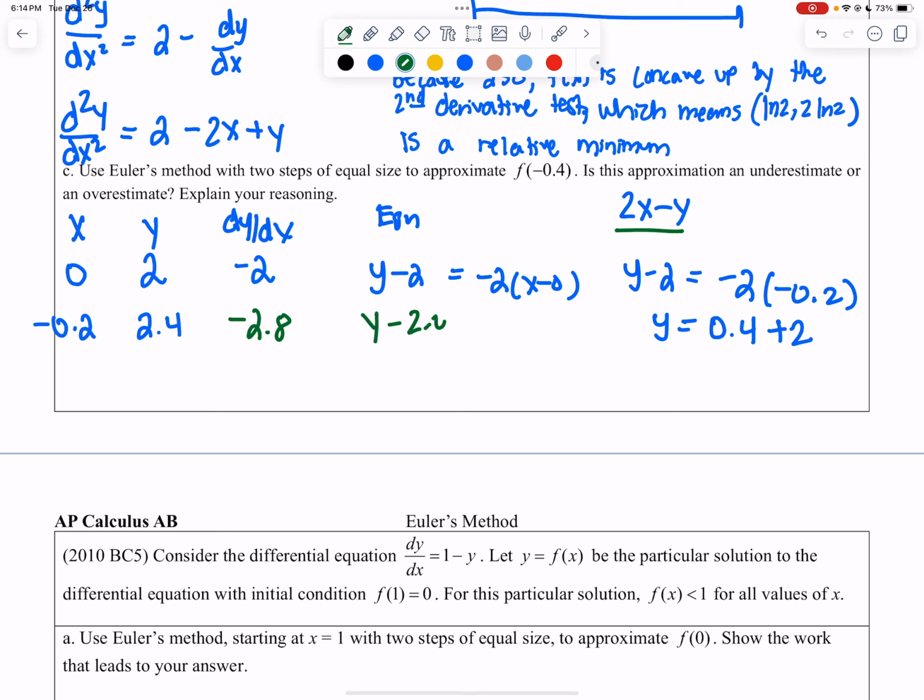y minus 2.4 is equal to negative 2.8 times x plus 0.2. And now I can approximate negative 0.4. So now I have y minus 2.4 is equal to negative 2.8 times, that's going to be negative 0.4 plus 0.2, which eventually turns into negative 0.2.